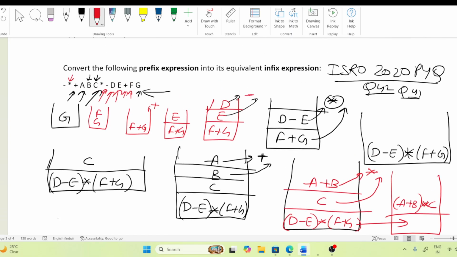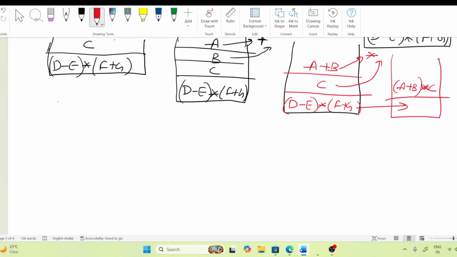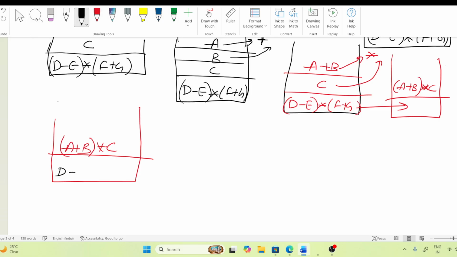After that we are having minus. After that we are having minus symbol. So we need to add minus over here. Let's suppose we are having minus over here. D minus E multiplied by F plus G. Now we are having minus.